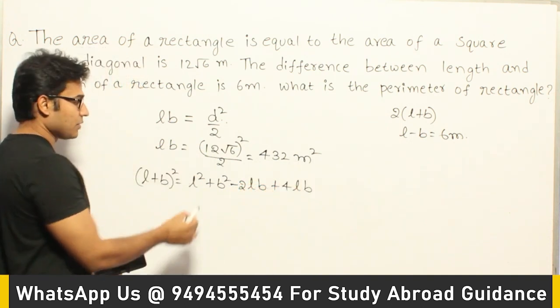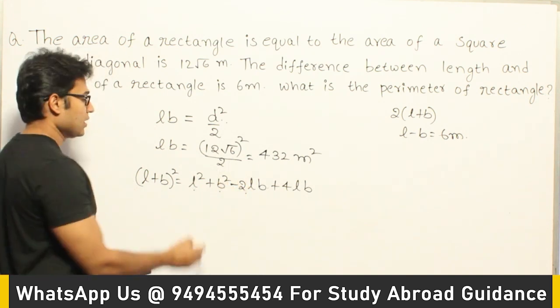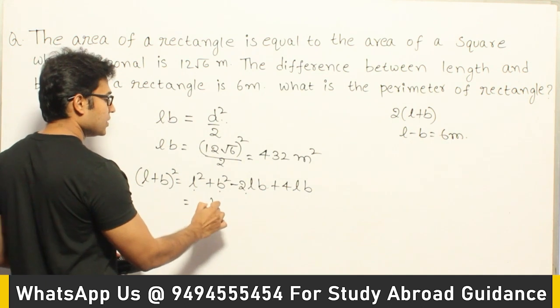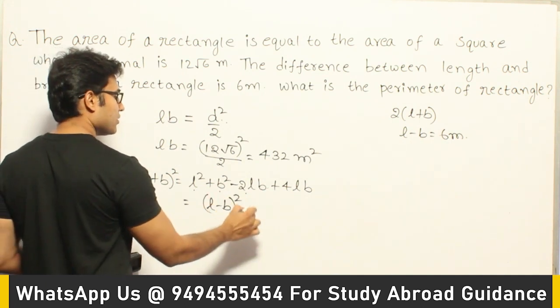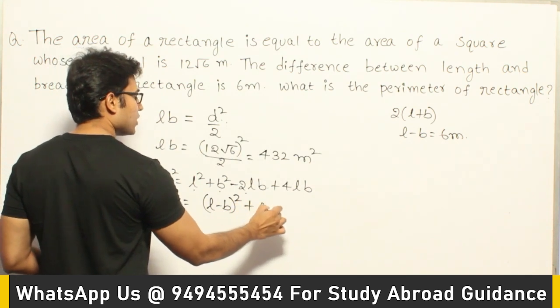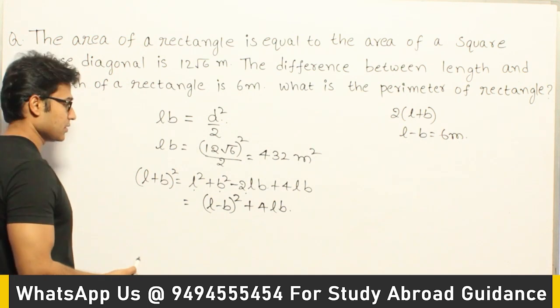If you observe this, L square plus B square minus 2LB is in that form, right? Therefore you can write it as (L minus B) whole square plus 4LB. Since it is a square, L minus B or B minus L doesn't matter.